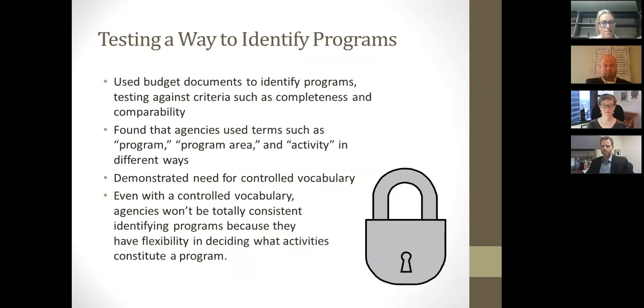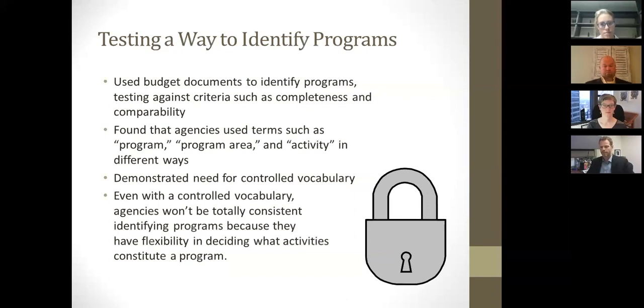Thanks, Michelle. So building on that first bullet from the last slide on how a controlled vocabulary might be needed to identify programs consistently, we actually sort of tested this out. We used budget documentation to test how well those documents could identify programs. We just wanted to see how the program lists we developed with those documents could measure up against the criteria we mentioned earlier, such as completeness and comparability.